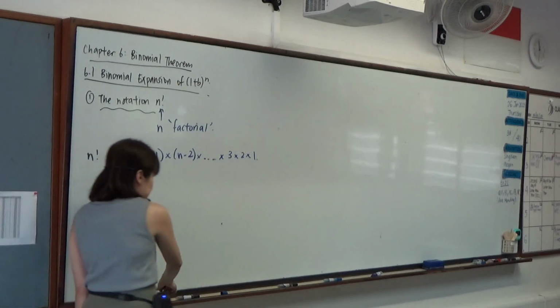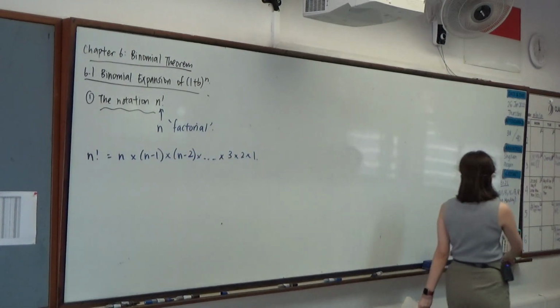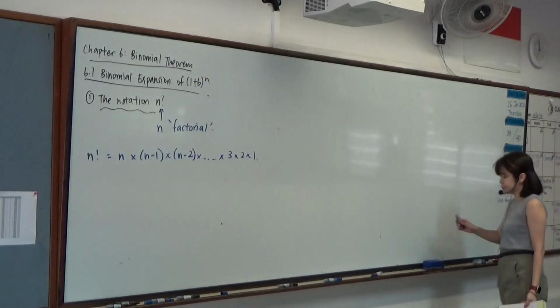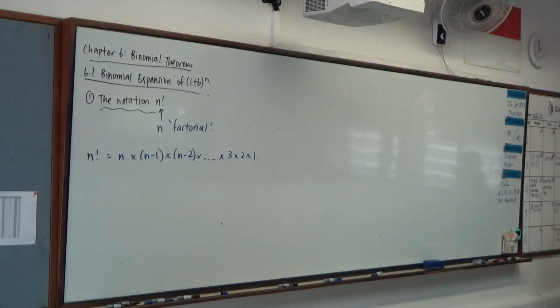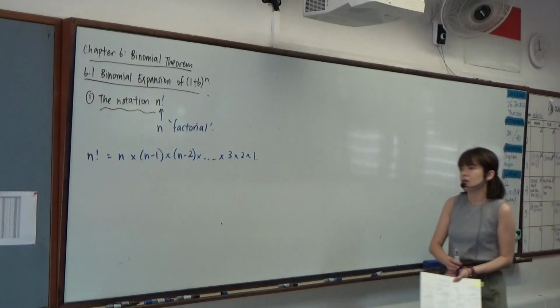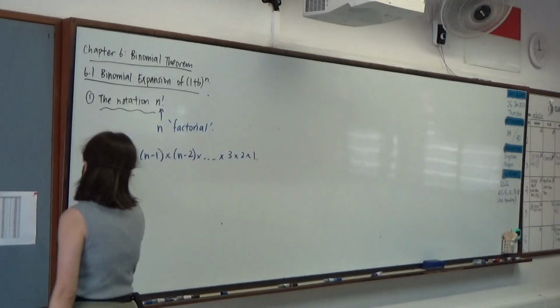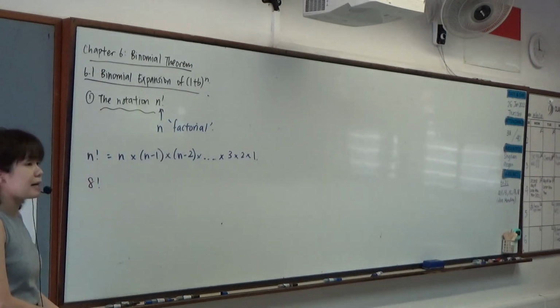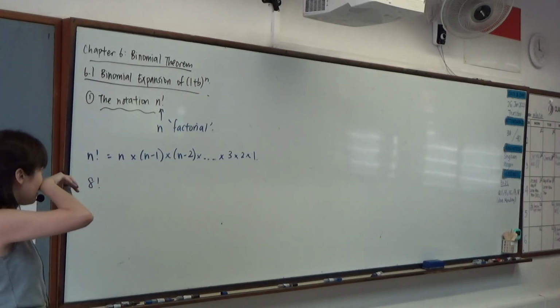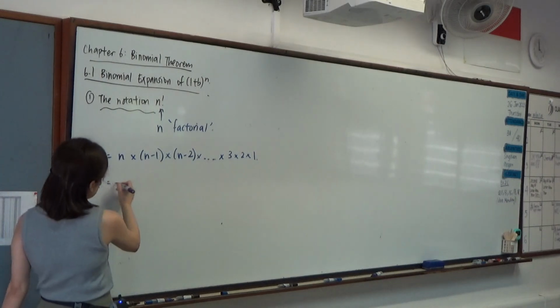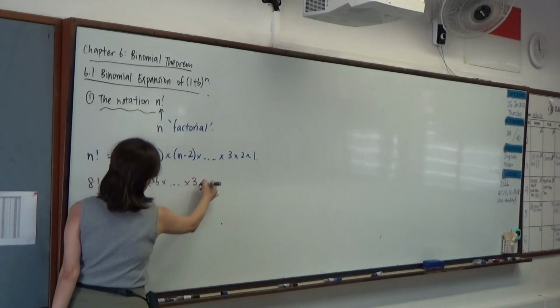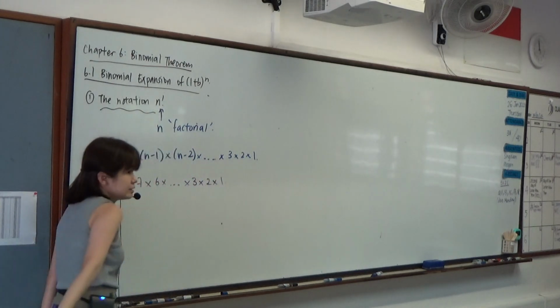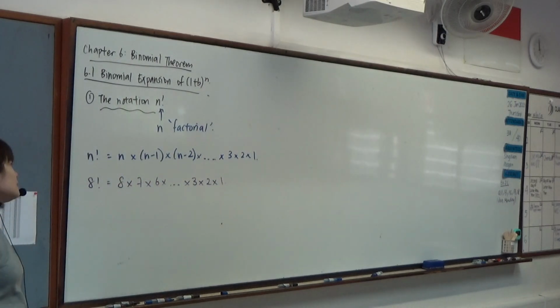So, for example, if I want to talk about 8 factorial, since we just passed Chinese New Year, 8 factorial, a very hot number, it actually means 8 times 7 times 6 all the way to 3 times 2 times 1. This is what it means.